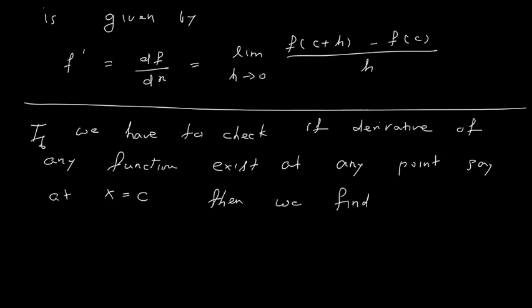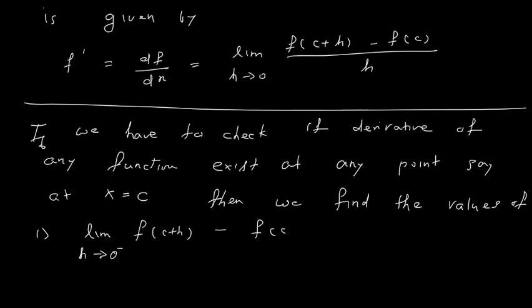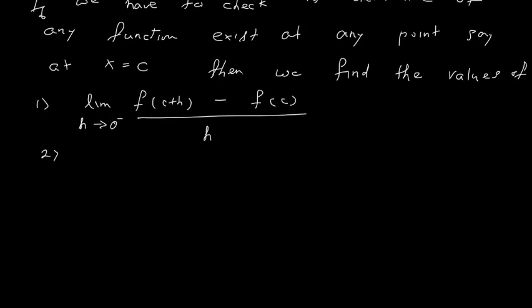I will say that we find the values of, first, the value of limit h tends to 0 minus of f of c plus h minus f of c whole divided by h, and secondly we find the value of limit h tends to 0 plus of f of c plus h minus f of c upon h.